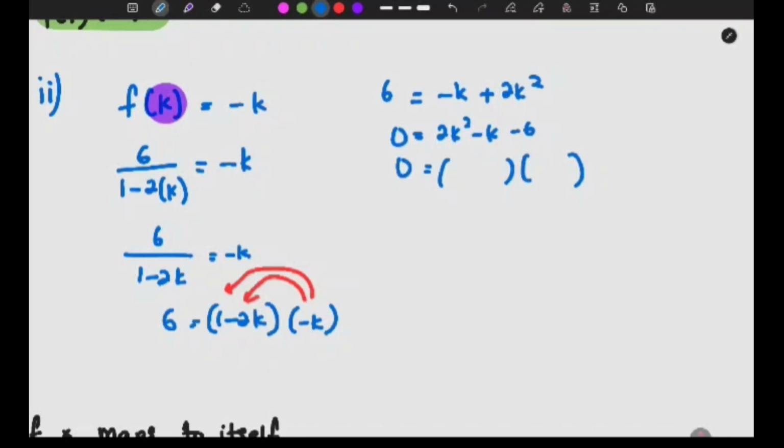This is the answer. If you key in your calculator, factorize them in the calculator, you get 2 and negative 3 over 2. So this is what you get for your k. So one, your k is equal to 2, another k equals negative 3 over 2.